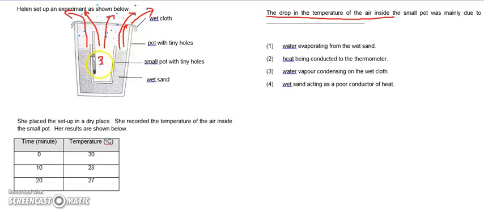So let's say this is 30 degrees and this is 30 degrees, right? This acting as a poor conductor would mean that this would remain 30 degrees. Instead, this has dropped to 27 degrees.